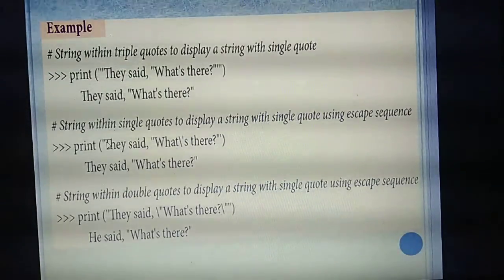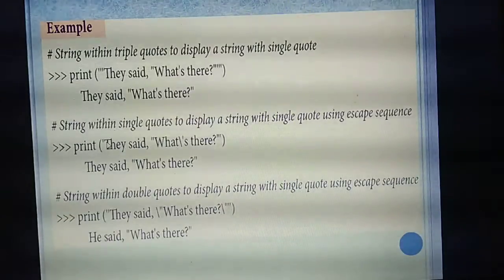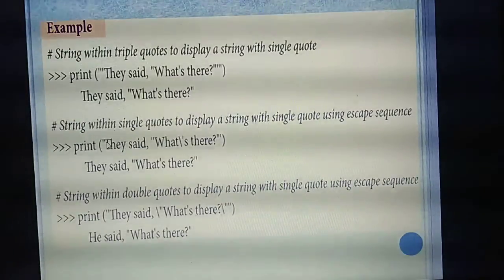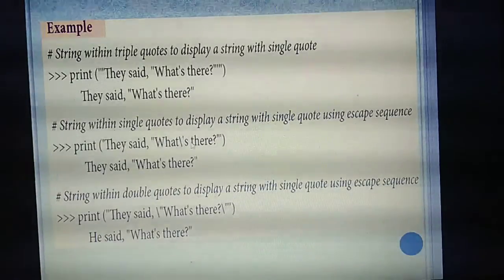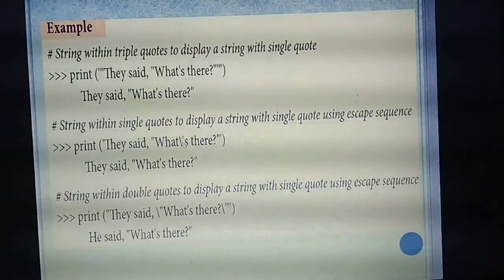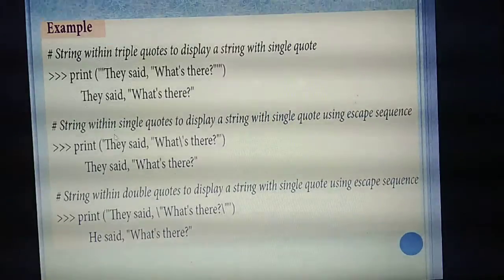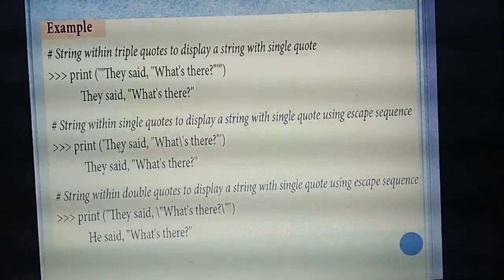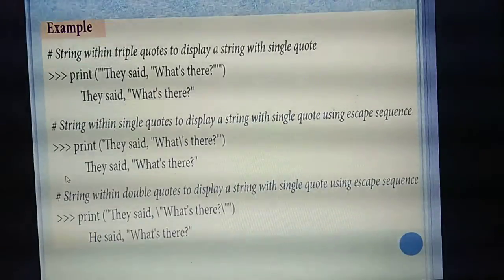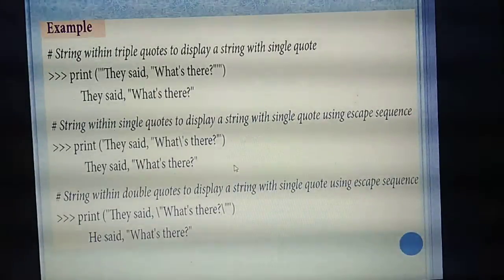But using this escape sequence or backslash character, you can give it inside single quotes. See, in between the quotes, you give a backslash with one single quote, and the sentence is displayed inside. Whatever you give inside the single quote, the sentence will display as it is.